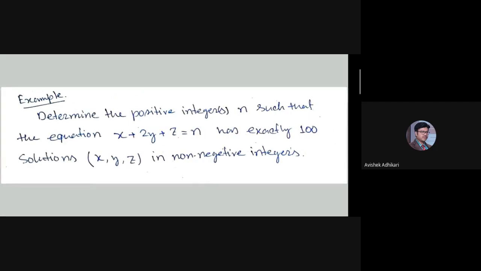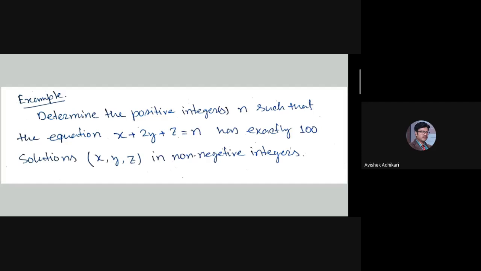Another example: determine the positive integers n such that the equation x plus 2y plus z equals n has exactly 100 solutions (x, y, z) in non-negative integers. That is, for which values of n does the equation x plus 2y plus z equals n have exactly 100 solutions?